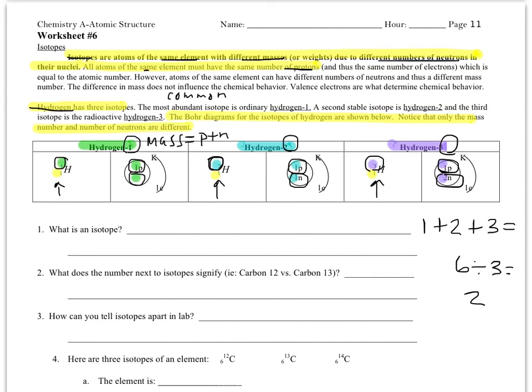But that would only work if there was just as much hydrogen 1 in the world as there was hydrogen 2, as there was hydrogen 3. And I just said that's not true. For all isotopes, there's always one that's a lot more common than the others. So it's actually going to take a little bit of math calculation where we think about which ones are more common, more abundant isotopes than the others, along with their masses, and that's what we're going to learn about in the next worksheet.